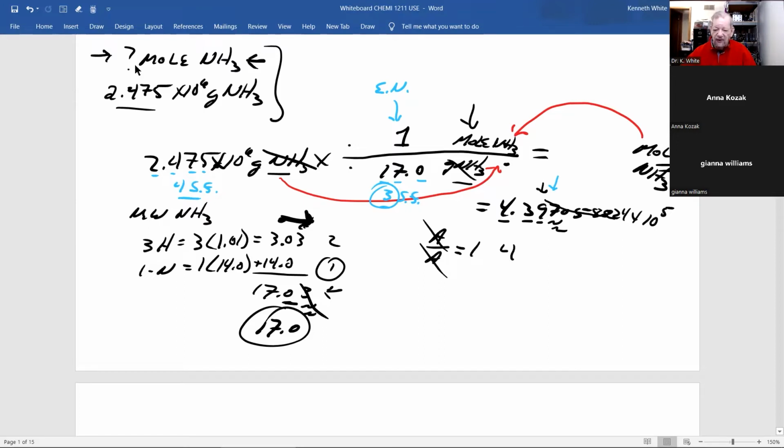So the number would be 4.40, 3 significant figures, times 10 to the 5th moles of ammonia. And like I said, this is a little tricky to round off, but when I increase, think of this as 0.39, increase it by 0.01, and that's how you got that.